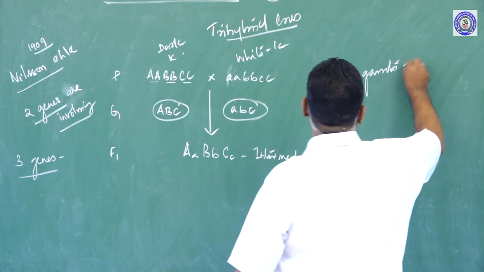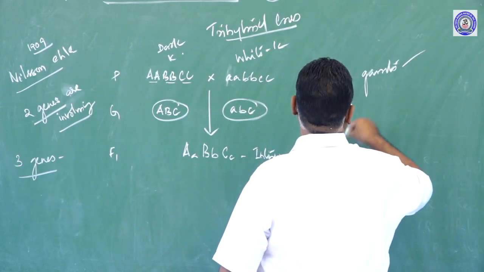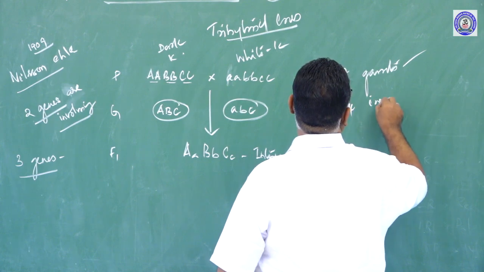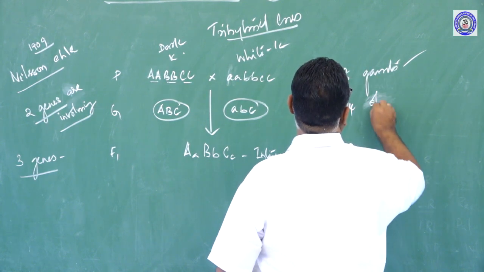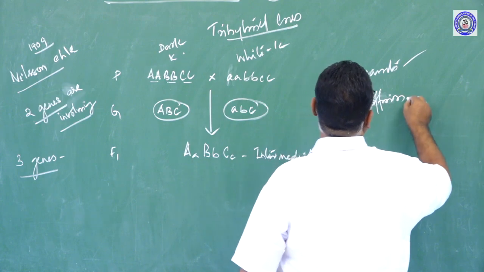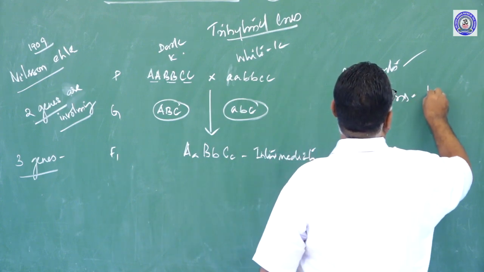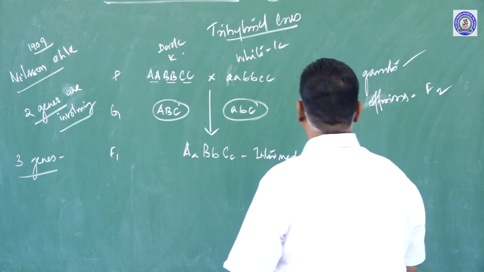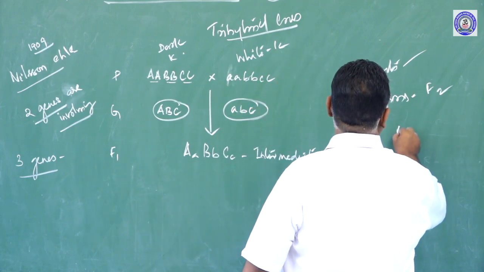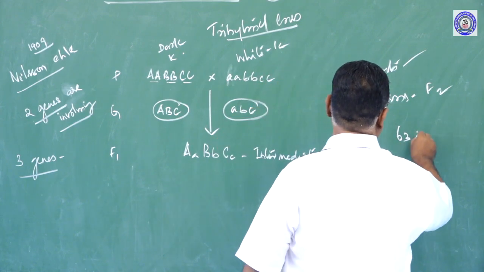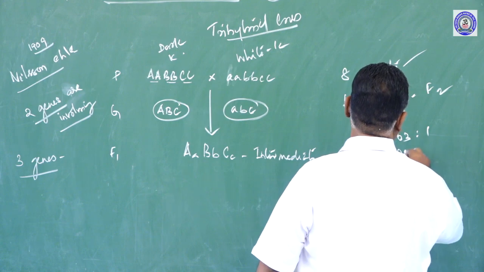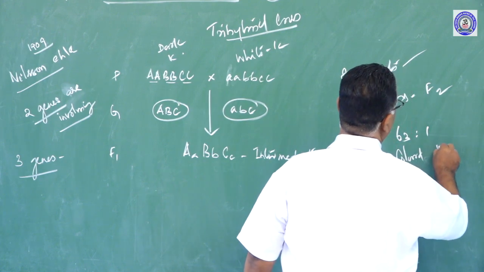In a tribrid cross, 8 types of gametes will be produced and 64 offspring in the F2 generation, in which he found 63 were colored and 1 was white.